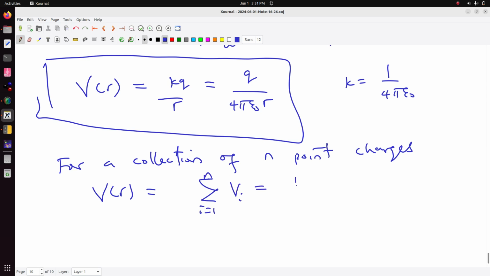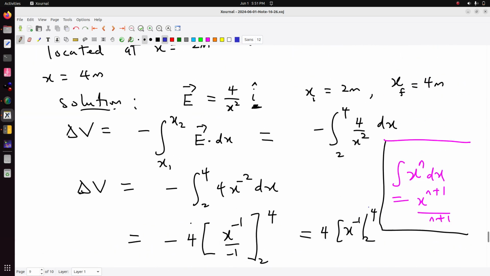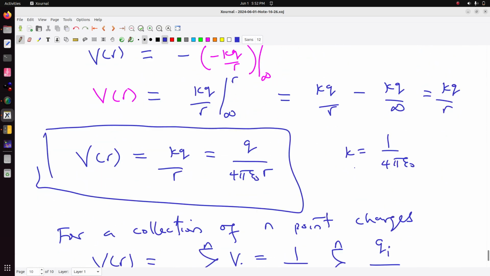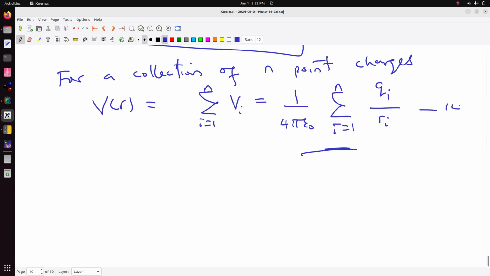So that will be 1 over 4 pi epsilon naught, then the summation from i equals 1 to the number, if they are 10 up to 10, of qi over ri. So this is what you have. Let me call this equation 12, this equation 13 and this equation 14. So this is where we stop for this week's class.